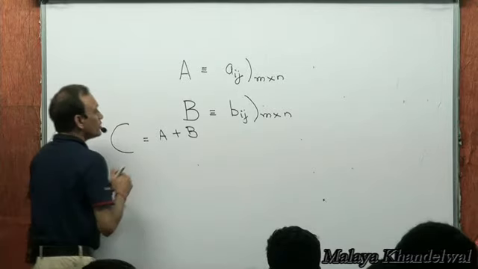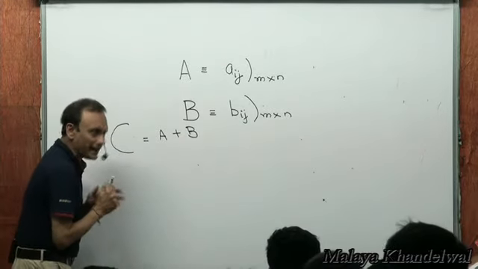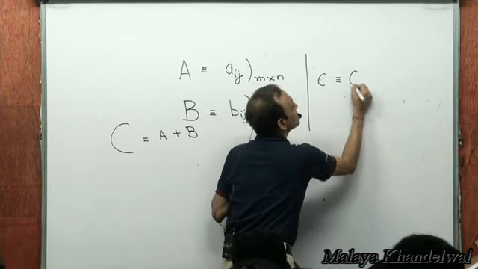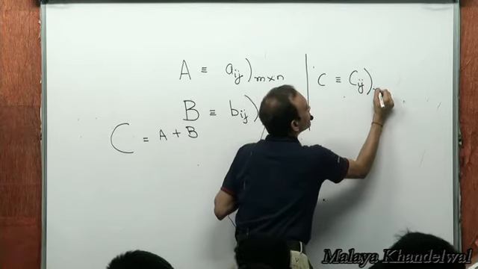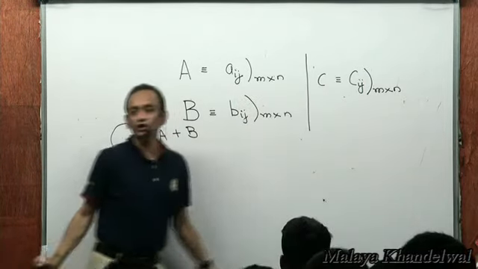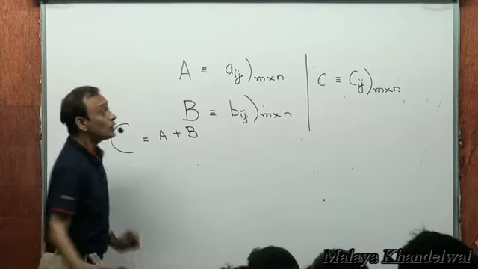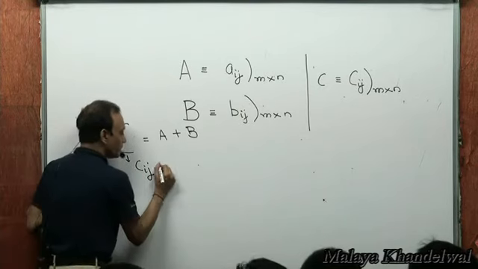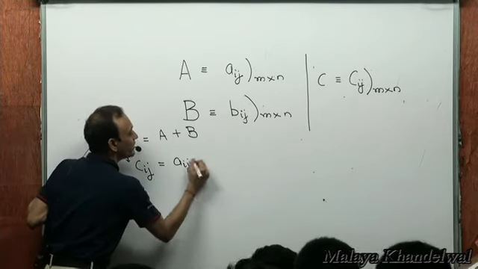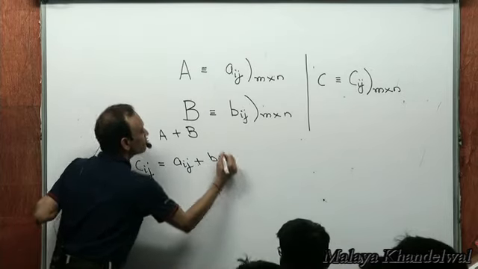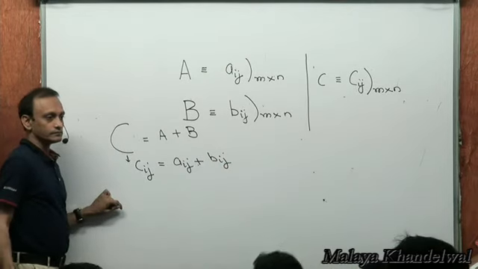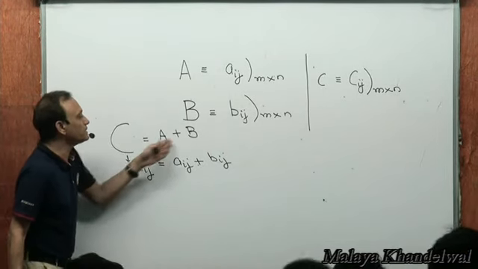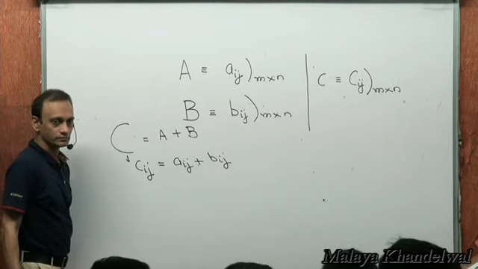If A and B are m by n, then their sum, which is C, will be some Cij, which will also be of order m by n. Now, the ijth element of C would be the ijth element of A plus the ijth element of B. Such is the definition of the ijth element of C, which is obtained by the summation of A and B.